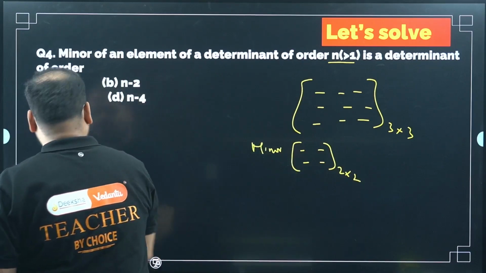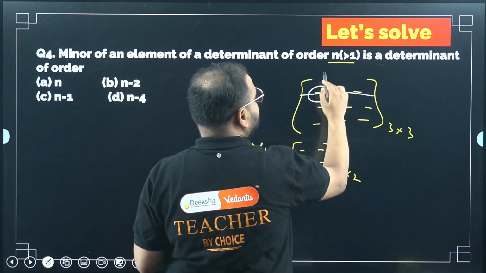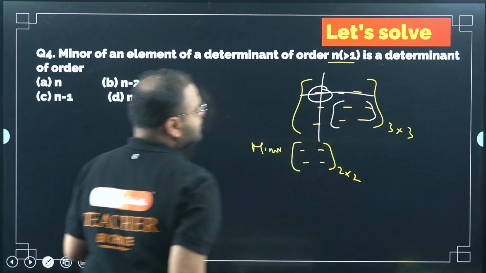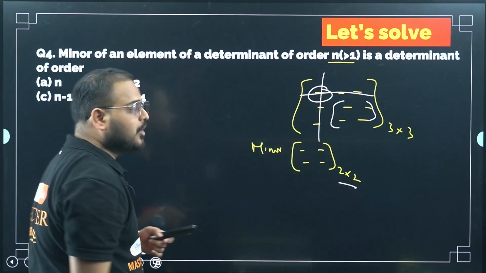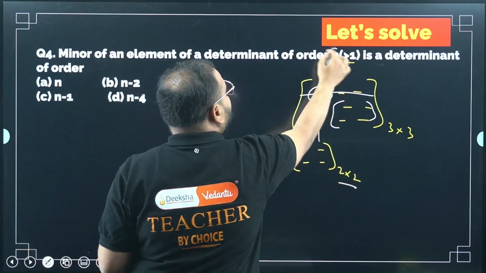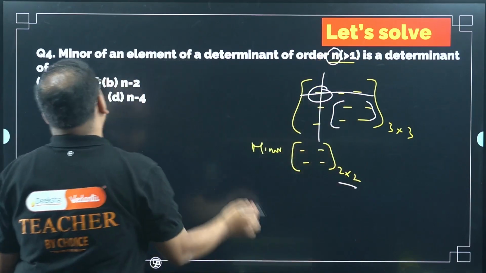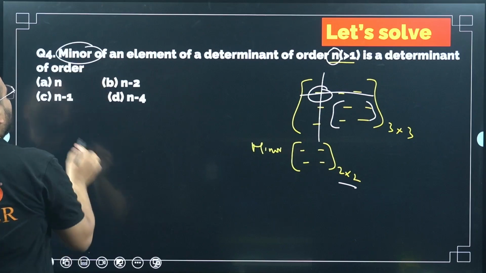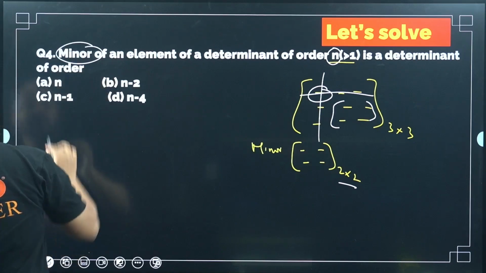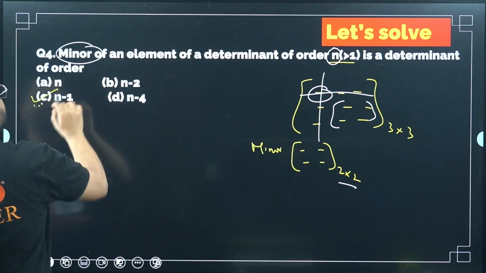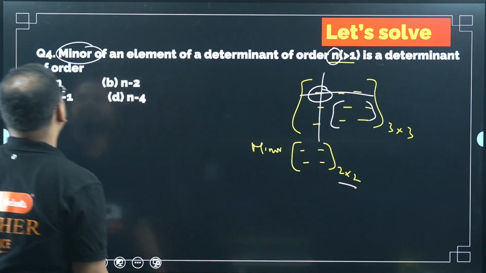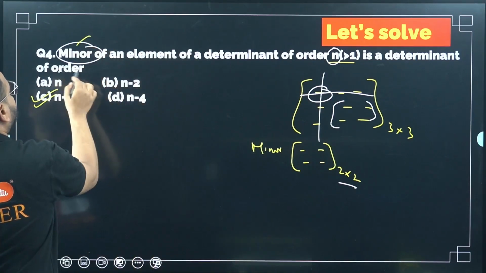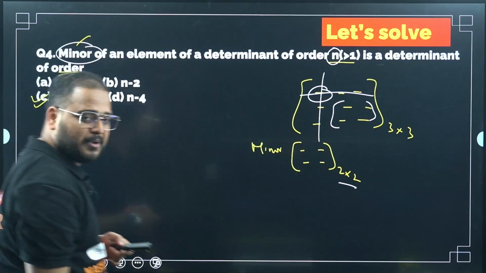If I was considering this element, this row and column were cancelled, and I had this as my minor. For any other element of a 3 cross 3 matrix, the minor is 2 cross 2 only. So if the order is n, then the order of the minor will be n minus 1. Simple question.